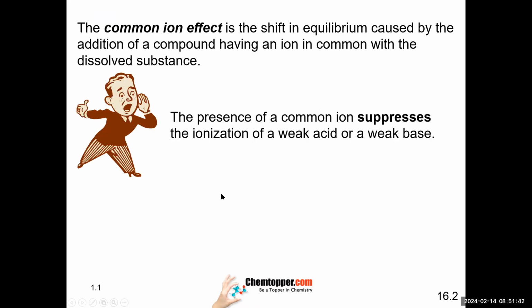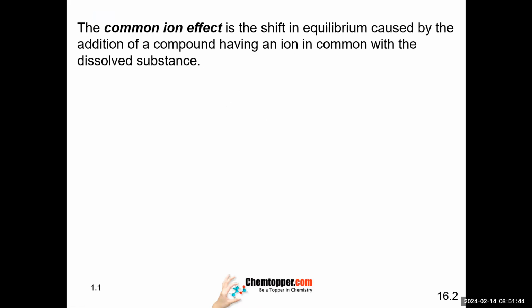Okay, let's discuss the common ion effect on the equilibrium. So when I say equilibrium, what should I take? Strong acid, weak acid? What should I take for equilibrium? Please answer this. Equilibrium is there in strong acids or weak acids?